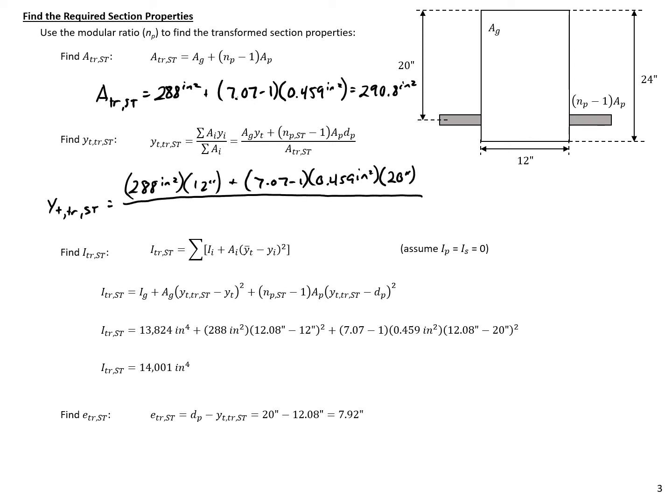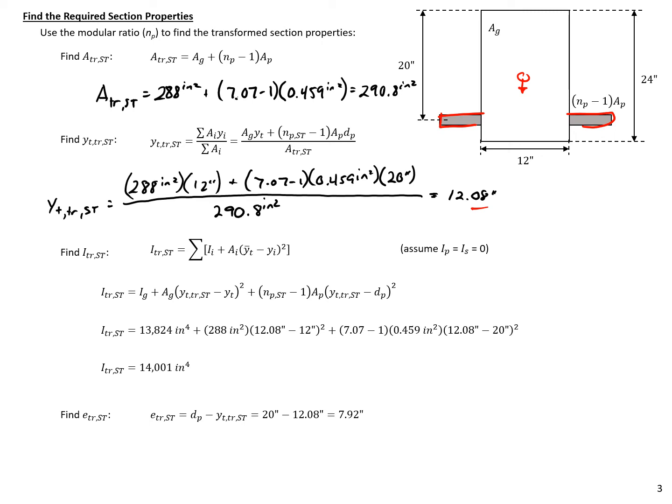And then we divide all this by our transformed area, 290.8 square inches. And this will give us a distance of 12.08 inches. So you can see that our transformed area of our pre-stressing is pulling our centroid down a little bit. So conceptually, our calculation here checks.